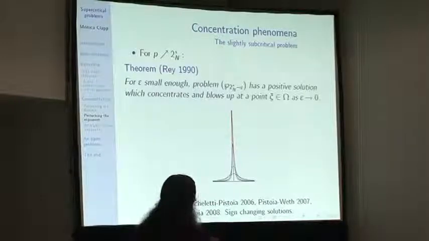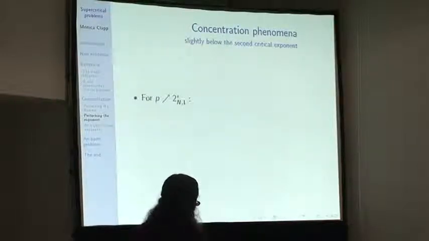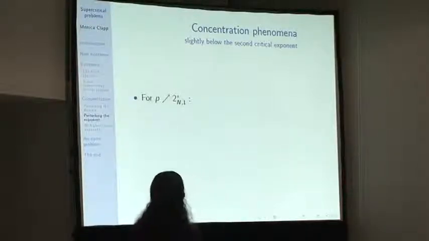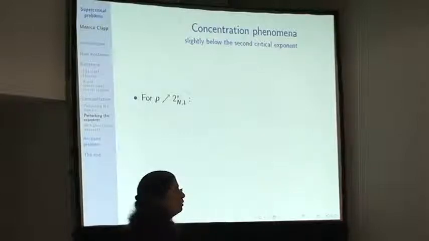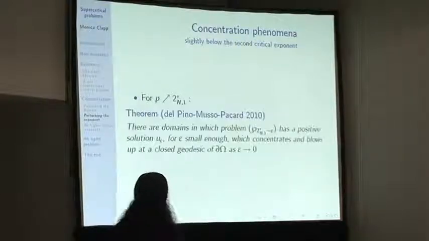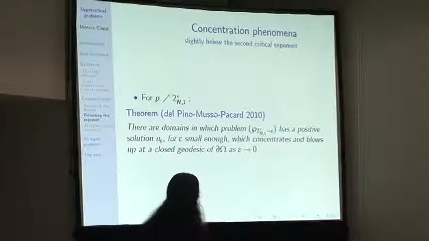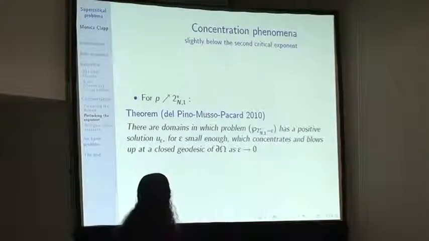But there is another very beautiful result. What happens when p approaches the second critical exponent from below? Well, here there is a recent result, a very beautiful result by Del Pino, Musso, and Pacard. They show the following.